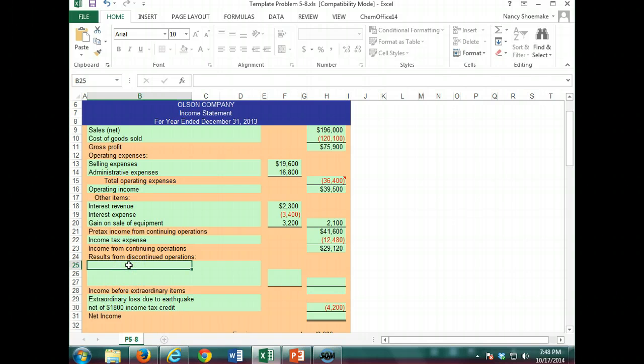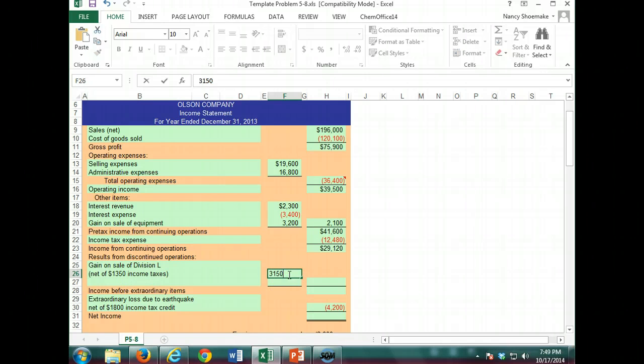So we've got a gain here and a loss. So we've got a gain on sale of Division L, and that's net of 1,350 income taxes. And that's going to be how much? $1,350?